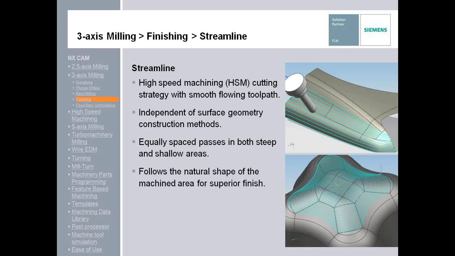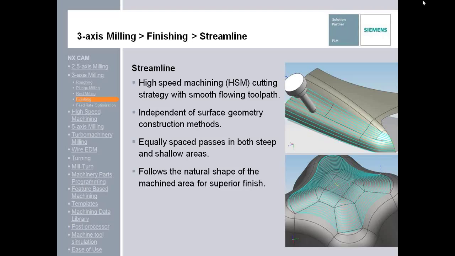So NX CAM has a unique tool path called streamline machining, and this is a high-speed machining tool path. It creates a great finishing tool path. The beauty behind streamline machining is the fact that it's independent of your surface geometry.